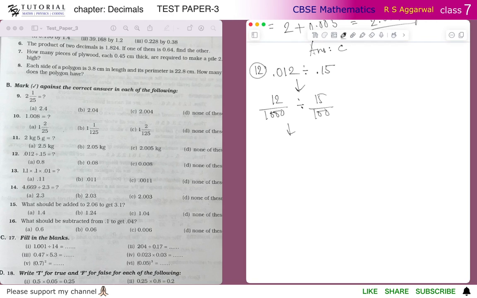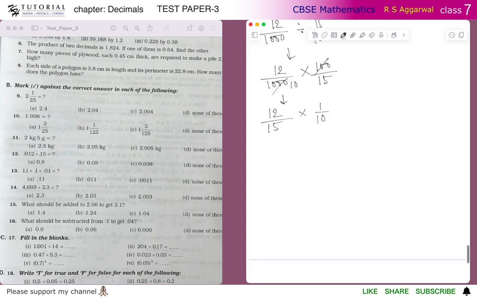Now this is 12 by 1000 multiplied by the reciprocal of 15 by 100, that is 100 upon 15. Now we cancel out the powers of 10. So 100 cancels 1000 with 10, and this becomes 12 by 15 into 1 by 10. This is 12 by 15 divided by 10. Now we have to convert the fraction 12 by 15 into a decimal number.